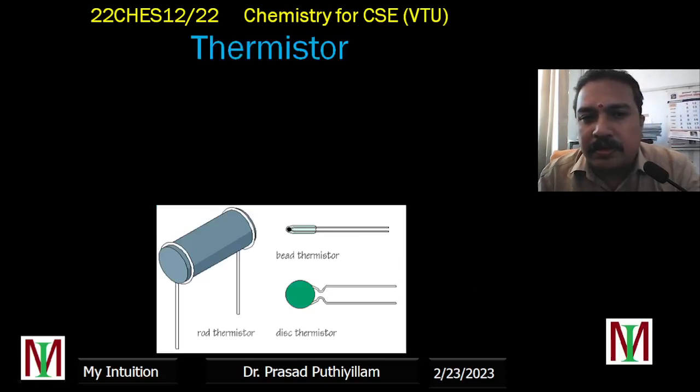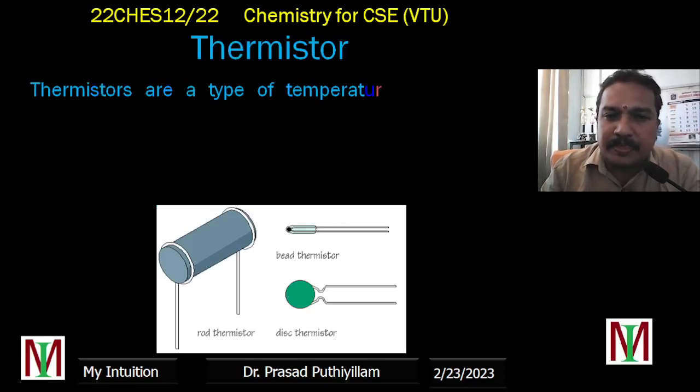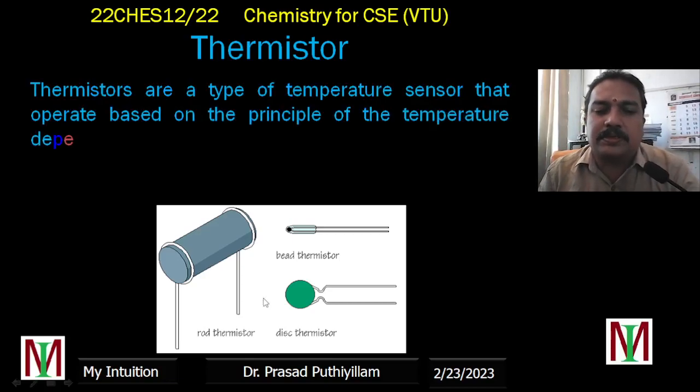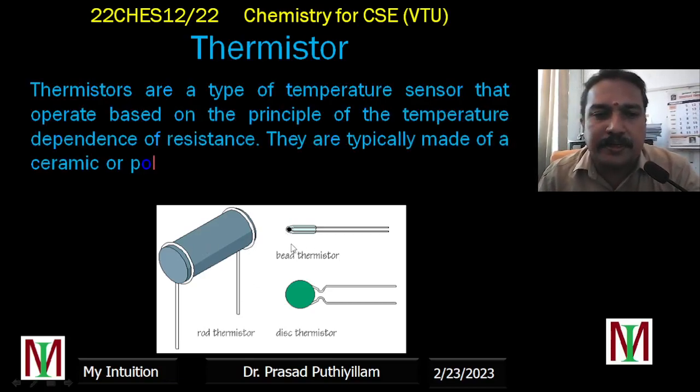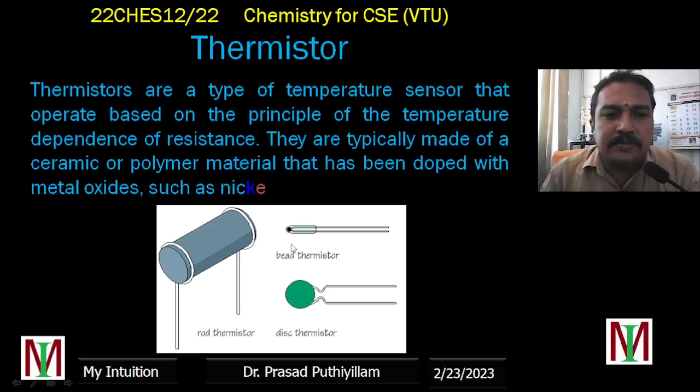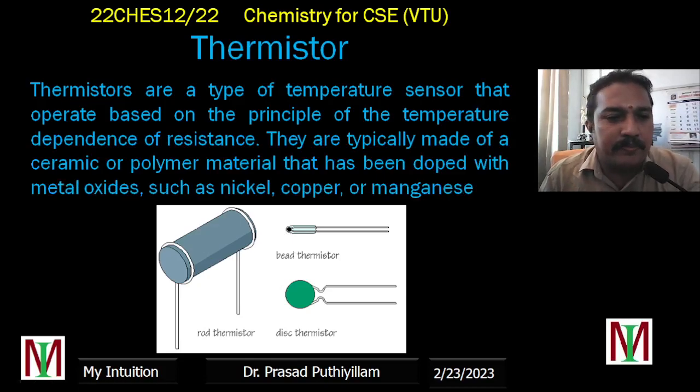Then the third one is the thermistor. Here I present images of three different thermistors. They are temperature sensors which operate based on the temperature dependence of resistance.